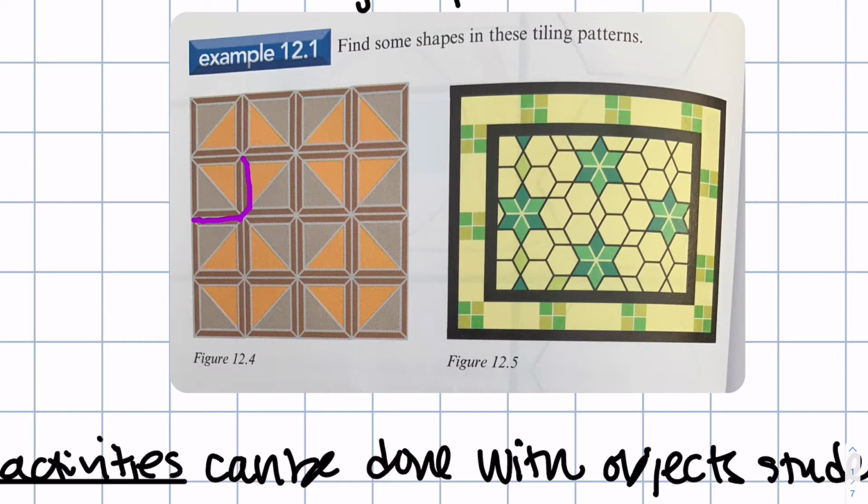Oops, shouldn't have drawn it there. Let's do it here. 1, 2, 3, 4, 5, 6, 7, 8 sides. There we go, an octagon. I was like, how many sides is that? We have octagons and all sorts of different shapes in this one tiling pattern that we can pick out. I think we can pick out some larger octagons as well if we wanted.